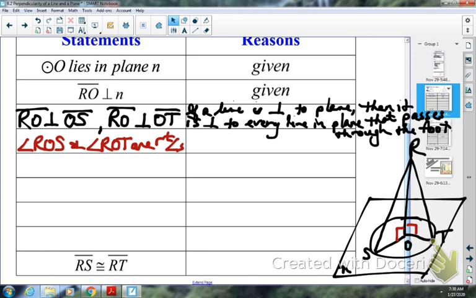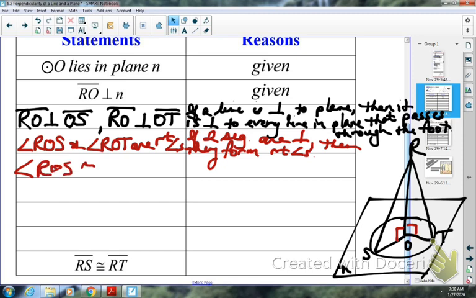And my reason, if two segments are perpendicular, then they form right angles. Next, we're going to state that angle ROS is congruent to angle ROT.